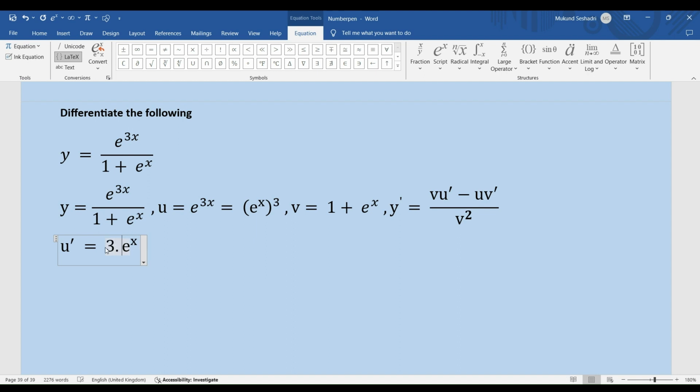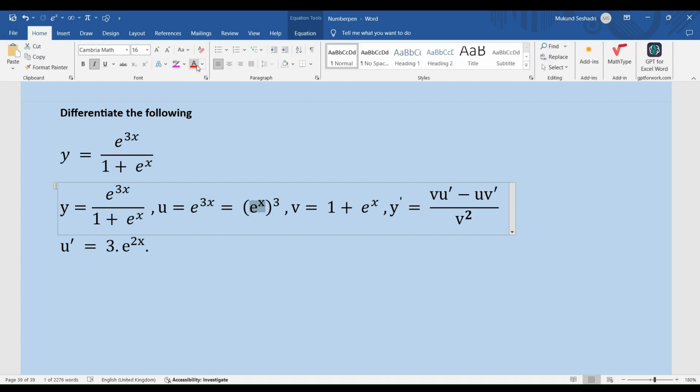So I have my first part of u dash as 3 times e to the power x the whole square, right? And what is that? 3 times e to the power 2x, right? So I write it as it is. And then I go about differentiating the inner function. And what is my inner function? My inner function is e to the power x, right? I'm just calling it in yellow. So e to the power x. And what is d by dx of e to the power x?